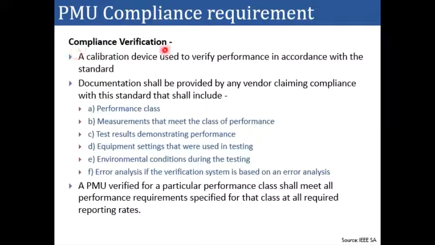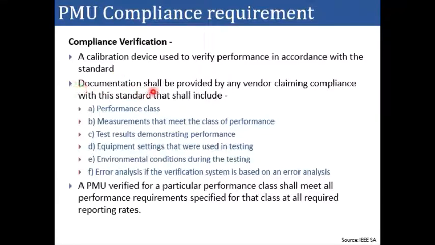Now, how do we do the compliance verification for the phasor measurement unit? A calibration device is utilized to verify the performance of a PMU in accordance with the C37.118-2005 standard.